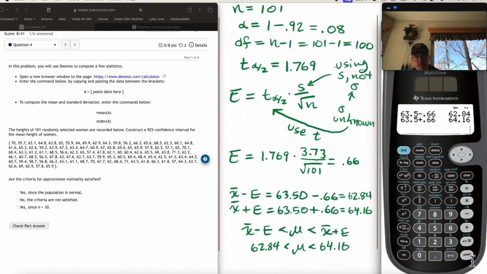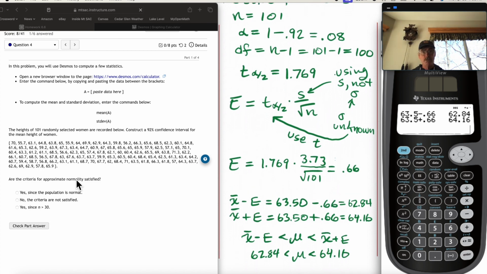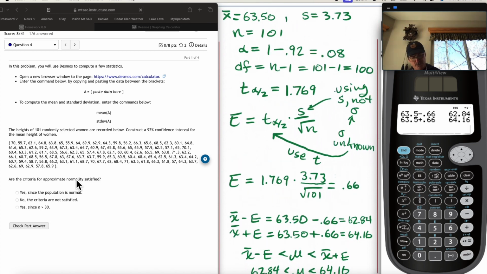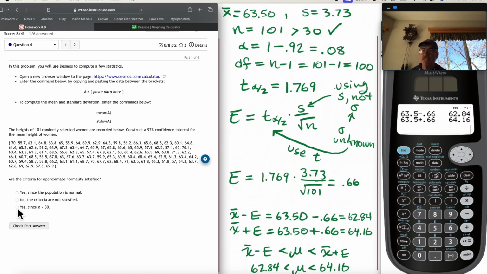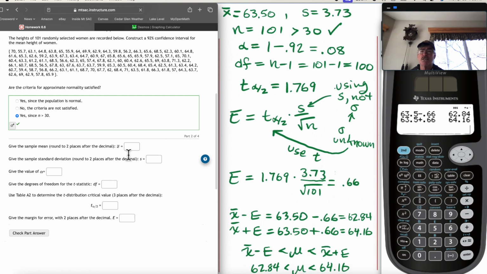And I think I'll just go ahead and zip over and answer all the questions in the problem here. So first thing it says is, are the criteria satisfied? Well, my sample size is over 30, and you have to either have more than 30 or a normal population. And on this one, our sample size is bigger than 30, so that's all we need here. And I'll put my little yes since n is bigger than 30. That'll be fine. The sample mean was 63.50.